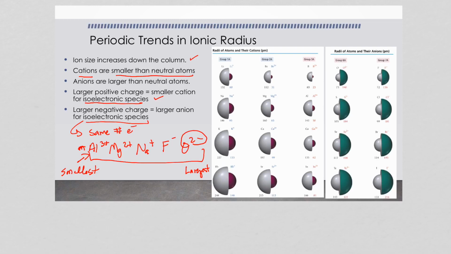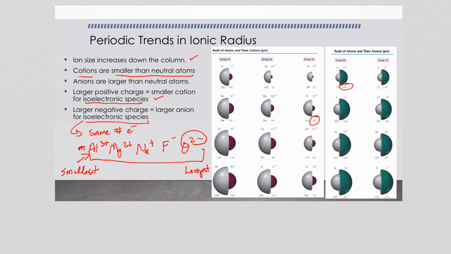So if you look over here, aluminum 3 plus is about 50. And if you look at O2 minus, find it on the table here, it's about 140. So biggest positive charge is going to be the smallest ion.